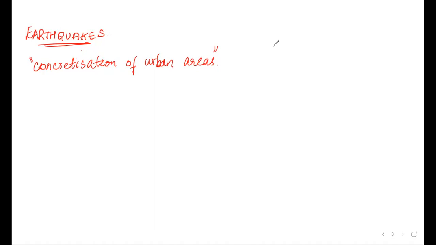It will be maximum in the case of my city centers. So the urban areas are more prone to the consequences of disasters than my rural areas. And the economic losses will also be very, very high.